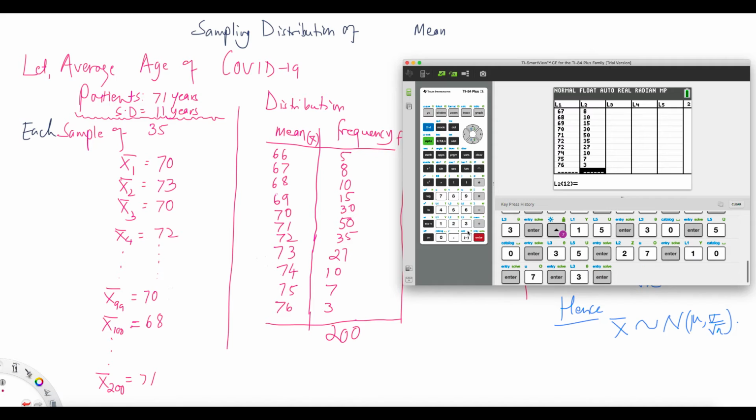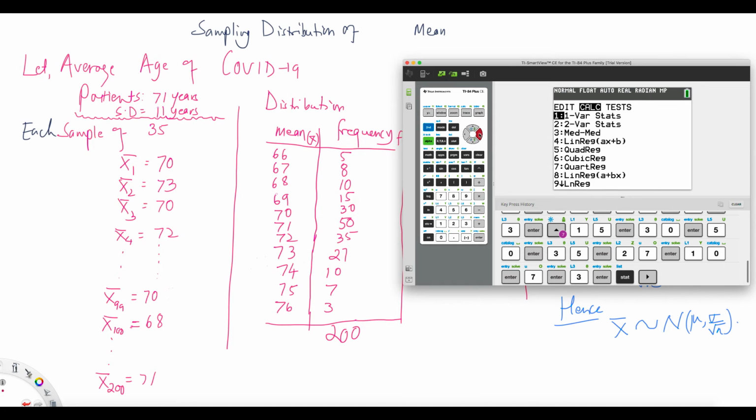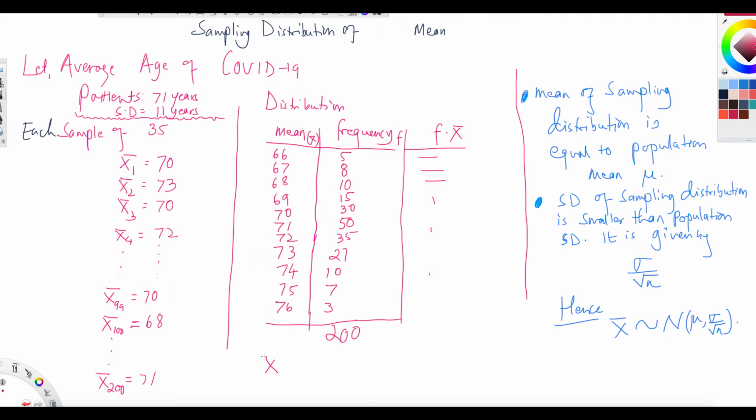After you enter the data and the frequencies, go to stat and then calc, one variable stats. The x bar values are in L1, the frequencies are in L2, and then you hit calculate. This is what you get. The x bar is 70.965, the mean of the means.